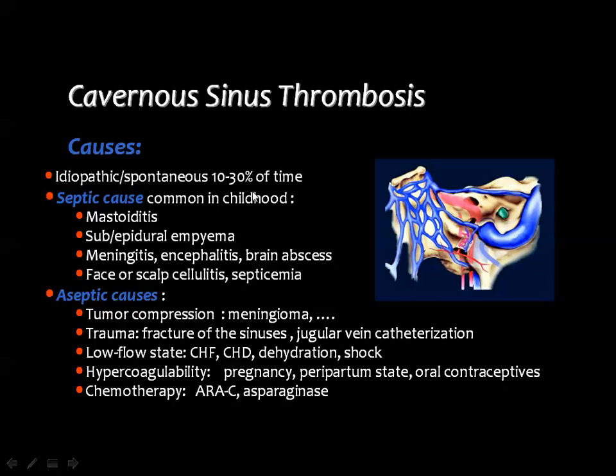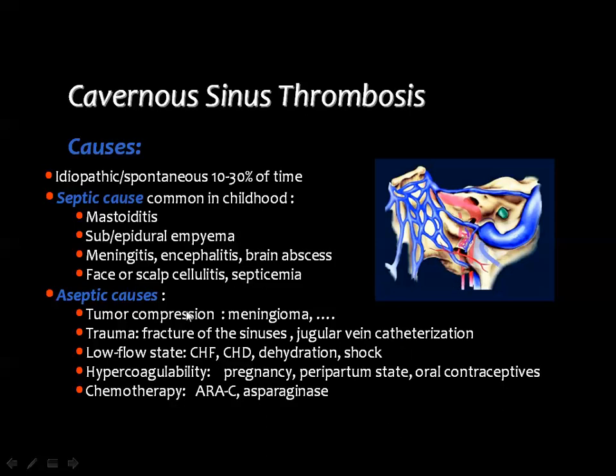Idiopathic thrombosis is seen in about 10 to 30% of the cases, and septic causes, especially sphenoid sinusitis, mastoiditis, epidural and subdural empyema, meningitis, encephalitis, brain abscesses. All these inflammatory sources may result in extension of the infection to the cavernous sinus.